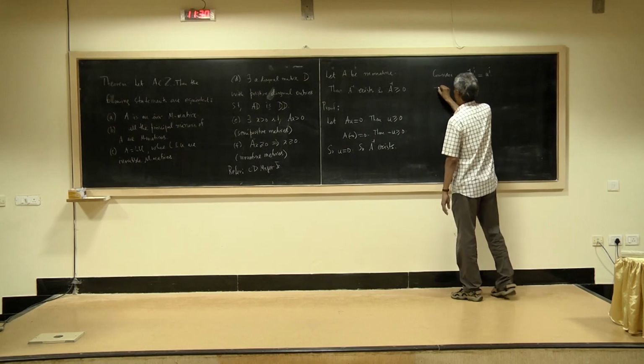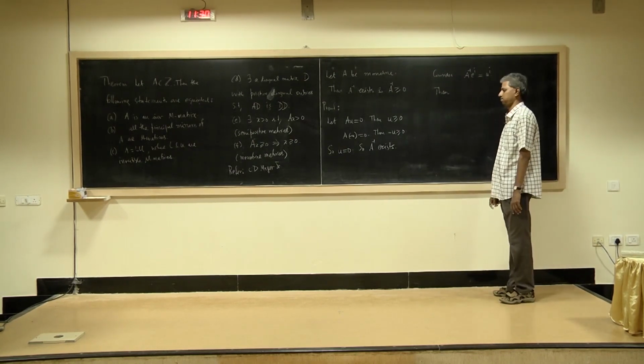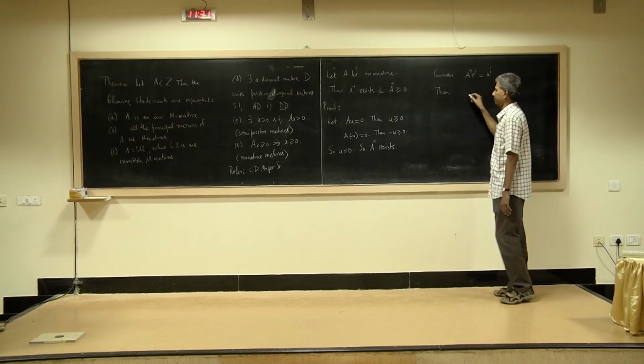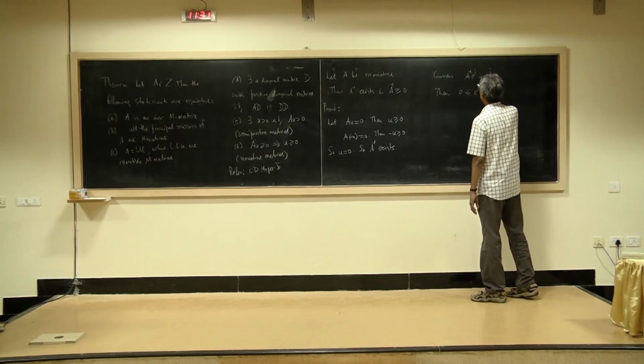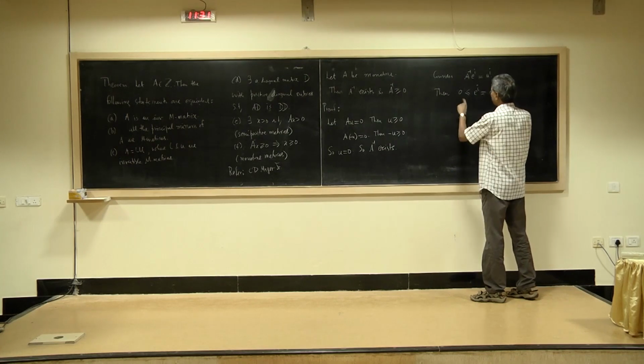Then tell me the next step. I'll write like this: 0 less than or equal to e_i, that is A u_i. Again, A of something is non-negative means that something must be non-negative.